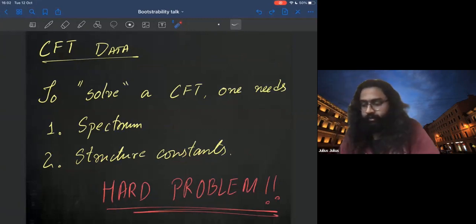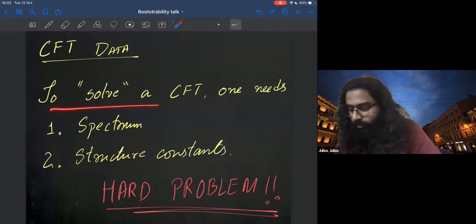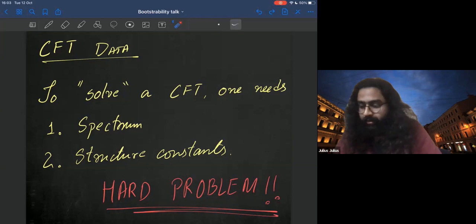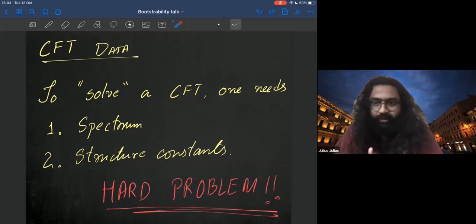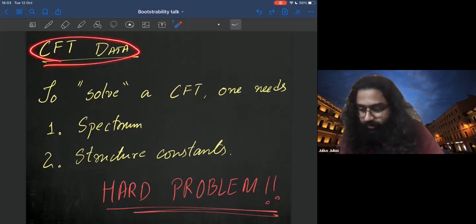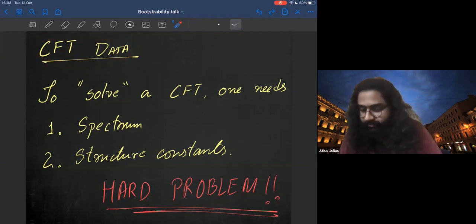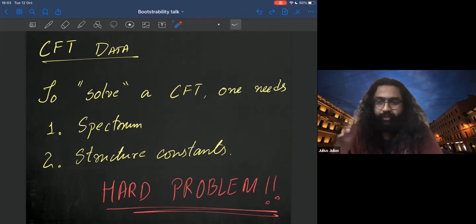So one can ask the question what it means to solve a conformal field theory, and usually solving the conformal field theory boils down to having complete control over what's called the CFT data at any values of the parameters of the CFT itself.